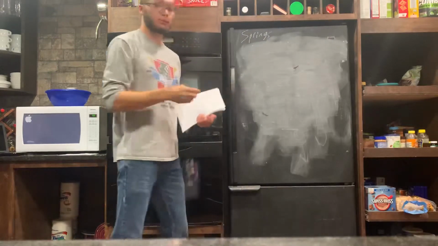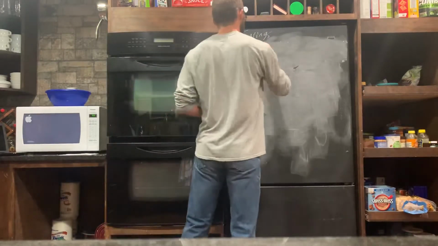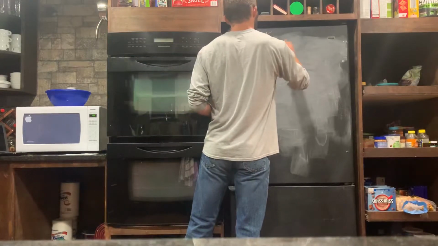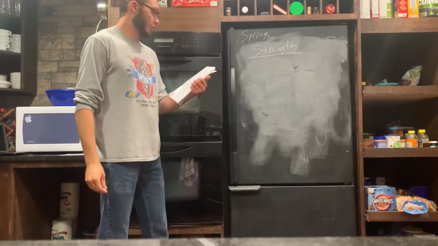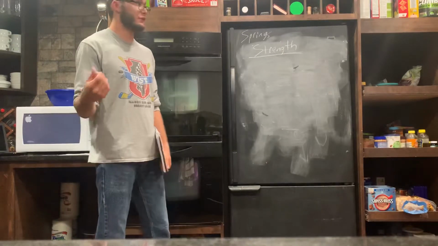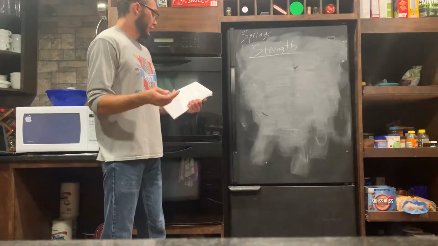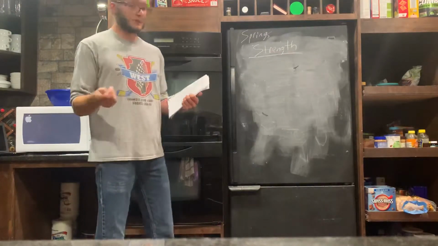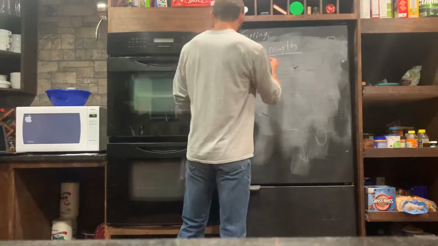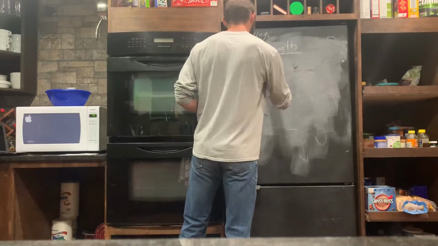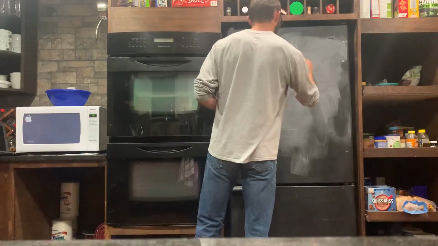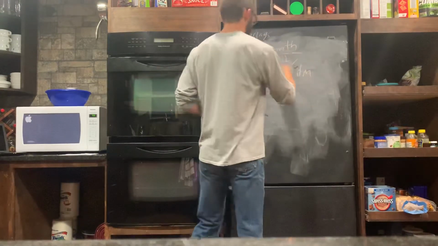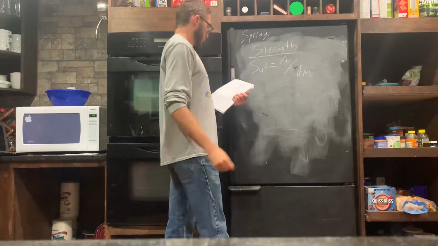So the final design parameter is strength. Strength is determined by how small the wire diameter is. We're going to be using the ultimate strength to determine this, which is A over d to the m. Once again, this is pretty simple.